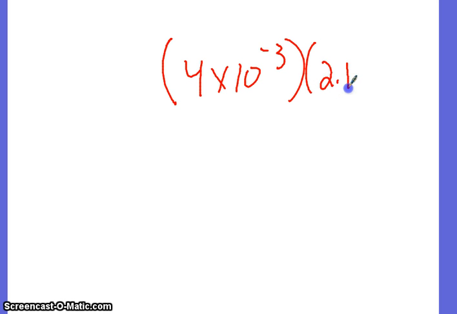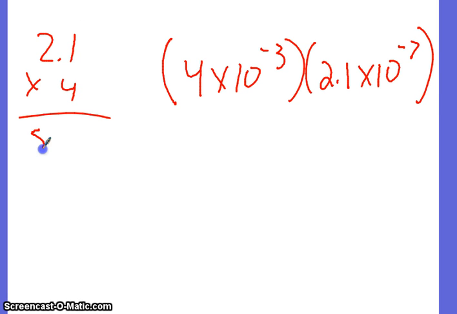This time, this one's going to have negative exponents, so I'll change the color. 4 times 10 to the negative 3rd times 2.1 times 10 to the negative 7th power. Okay, so what should my first step be? 2.1 times 4. 8.4. Right? 8.4?